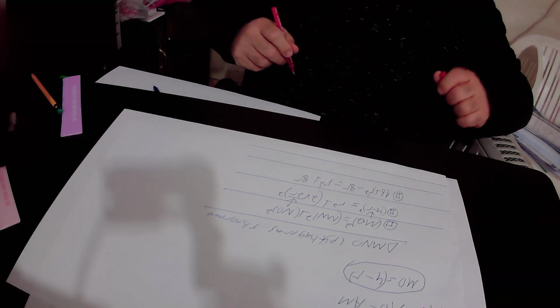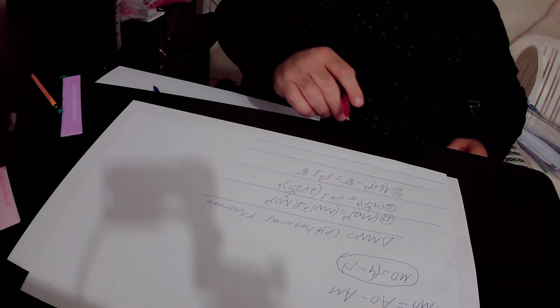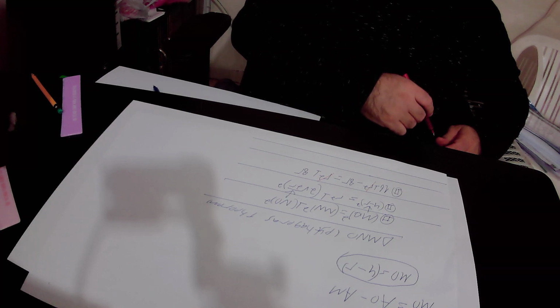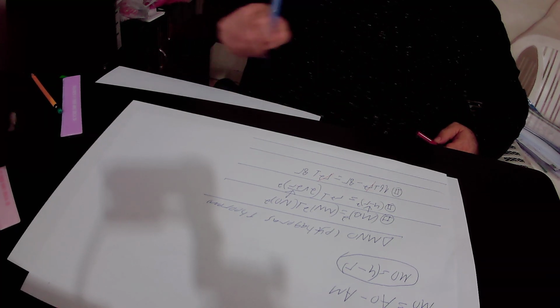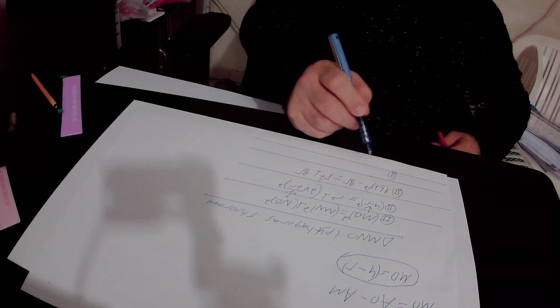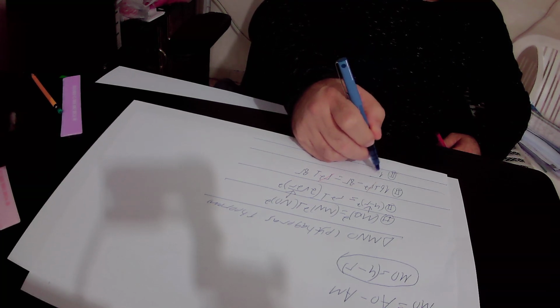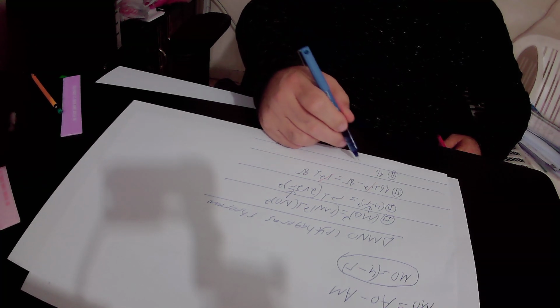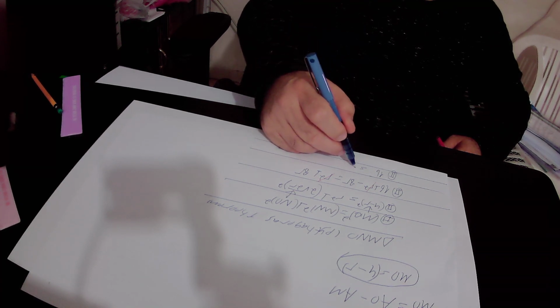After we cancel r squared, we will add 8r to this equation number 2, and we will get that 16 minus 8r plus 8r is 16, and 8r plus 8r is 16r.